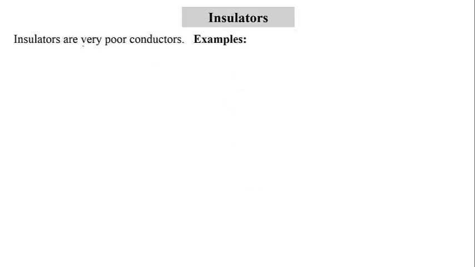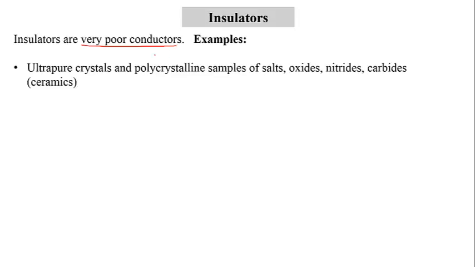Insulators, we've already talked about, are very poor conductors, and some examples are ultra-pure crystals of things like salts, oxides, nitrides, carbides, and polycrystalline samples. And generally when they're polycrystalline, they are called ceramics other than the salts, so oxides, nitrides, carbides.